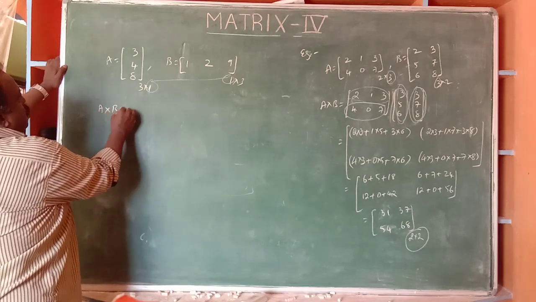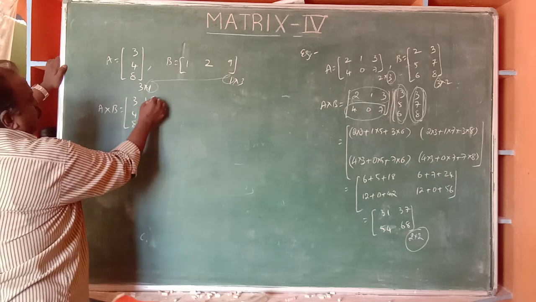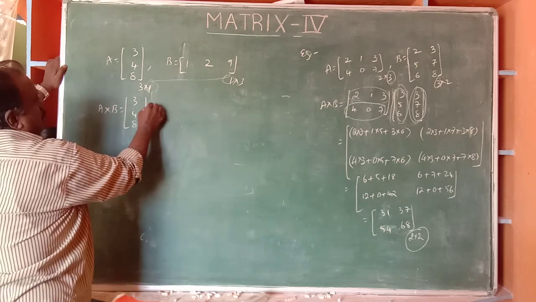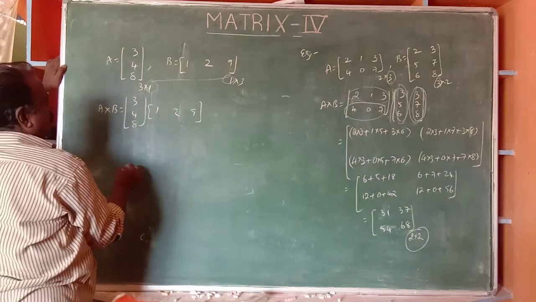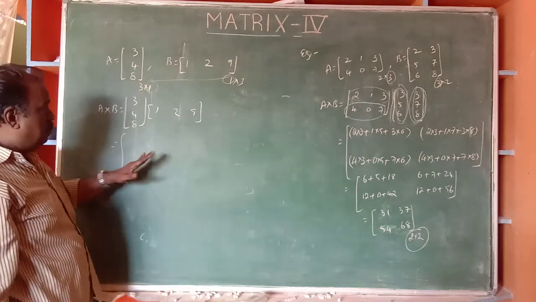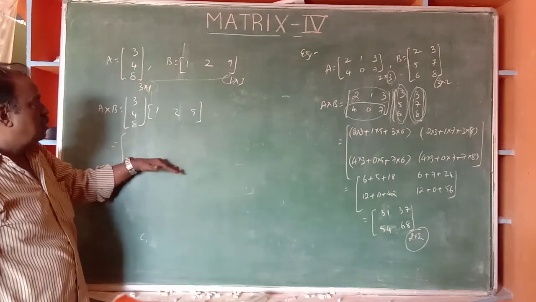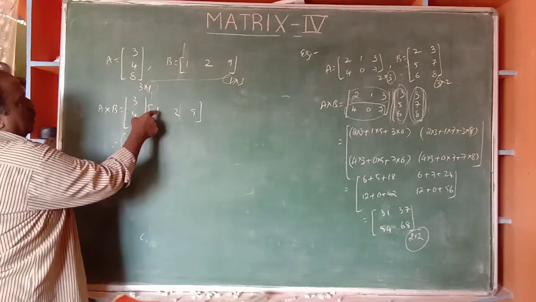Then AB is 3, 4, 8 times 1, 2, 9. Okay now? So the resultant, the 1 and 1 cancel, is a 3 by 3 matrix, 9 elements will come. You see now?